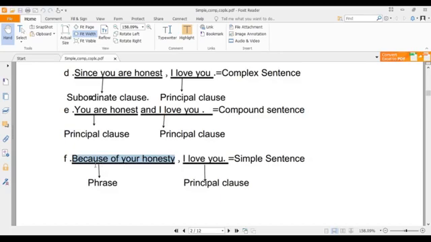It is called a phrase. Phrase means the group of words which does not contain any subject or finite verb. So it is a simple sentence because the sentence contains only one clause.